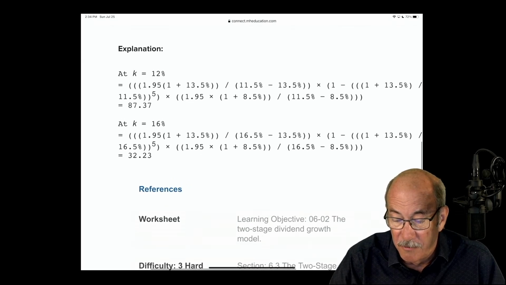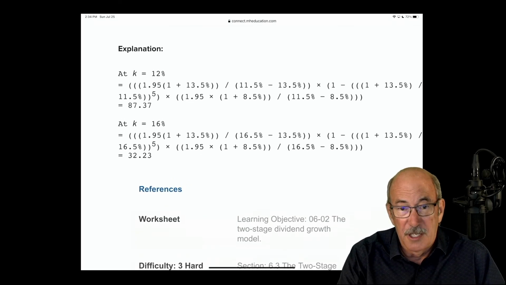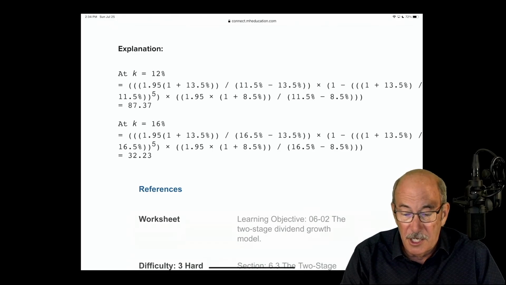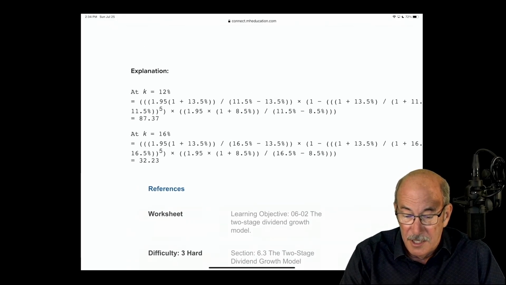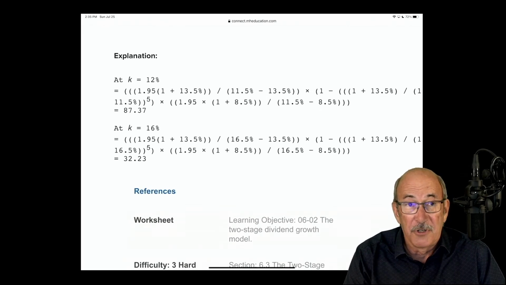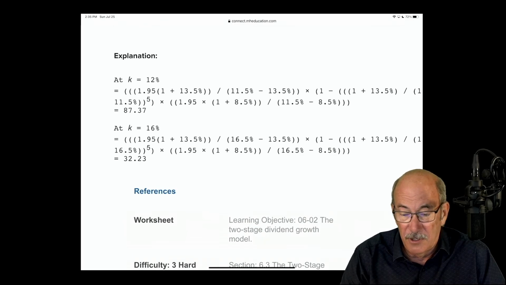Here we've got, remember that first part of it is always just like the constant perpetual growth version of the DDM. So we've got that next dividend. So it's $1.95 grown at that 13.5% for the first 5 years, divided by K minus G. So there's the 11.5 minus the 13.5.